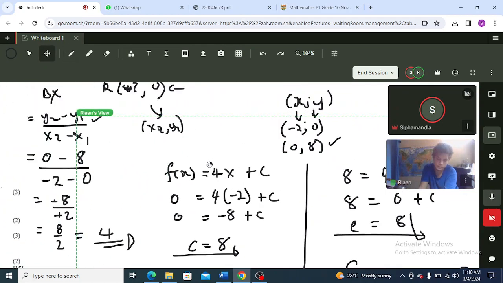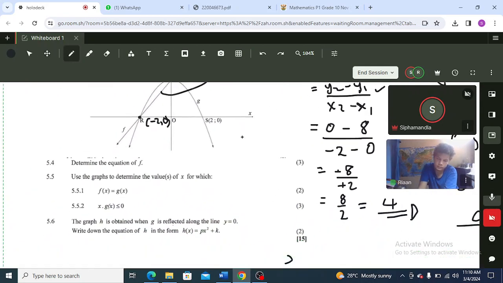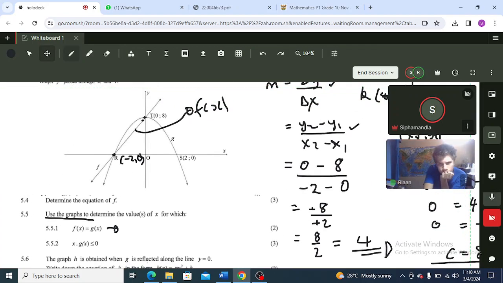Okay, now let's move on to the next one. The next question says use the graph to determine the values of x for which f of x is equal to g of x. Once you see where the two functions are equal, we call that the point of intersection. Where the graphs intersect one another, that's where these two graphs are equal.